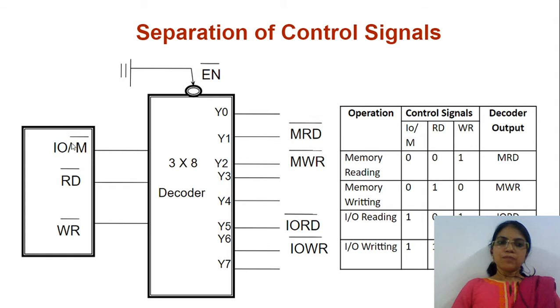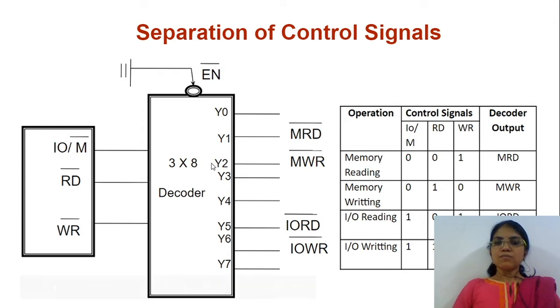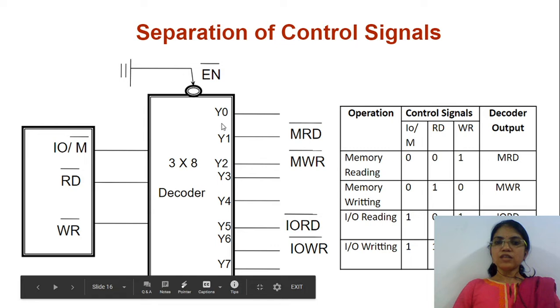The microprocessor has three control signals. First is IO/M bar, second is RD bar and third is WR bar. These three control signals are separated by using a 3:8 decoder. Since the inputs are 3, the output of the decoder is 2 raised to the power 3, and it has 8 outputs, that is from Y0 to Y7.